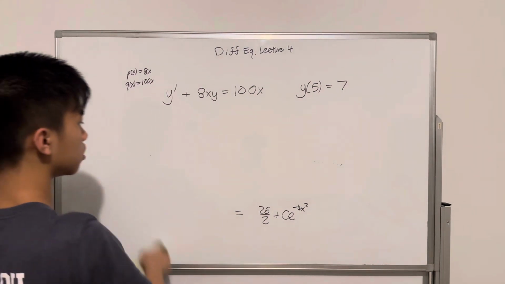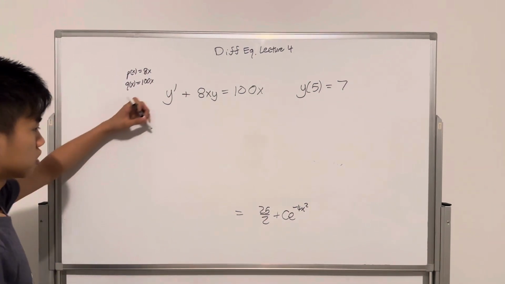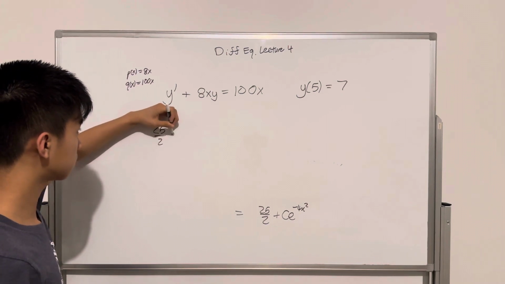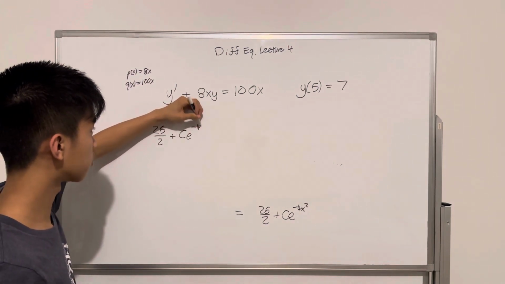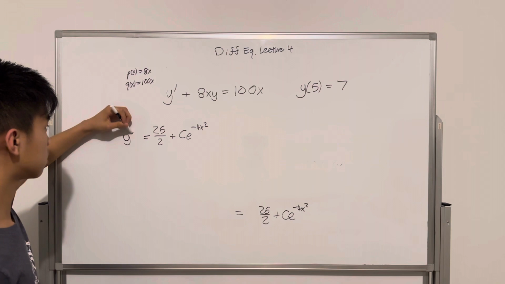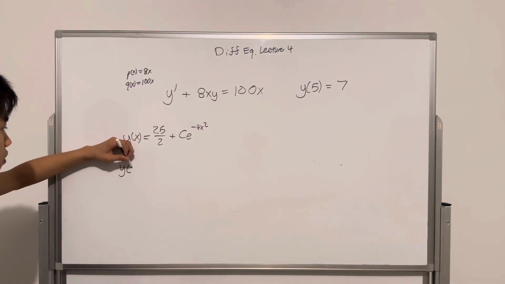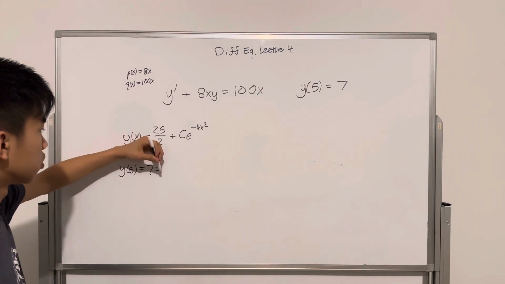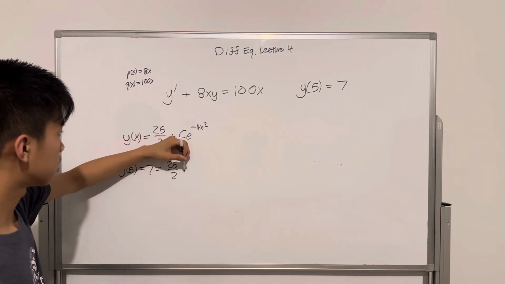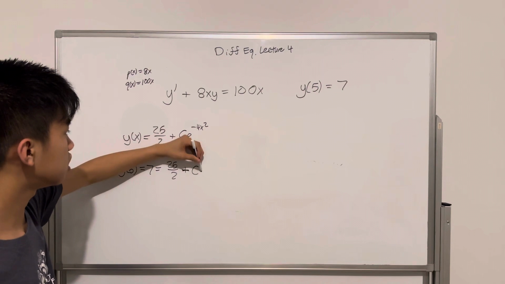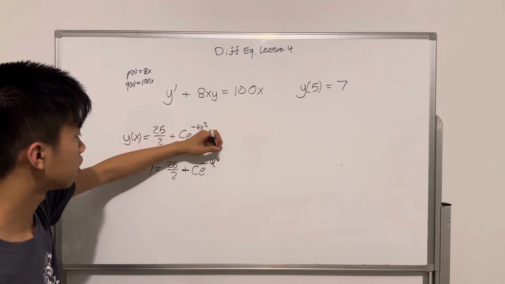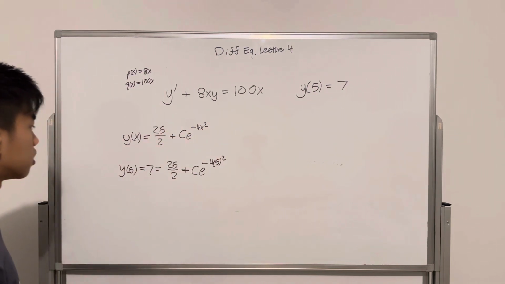Okay, so we have y of x equals 25 over 2 plus c e to the negative 4x squared. So y of 5 equals 7 equals 25 over 2 plus c e to the negative 5 squared. Right?